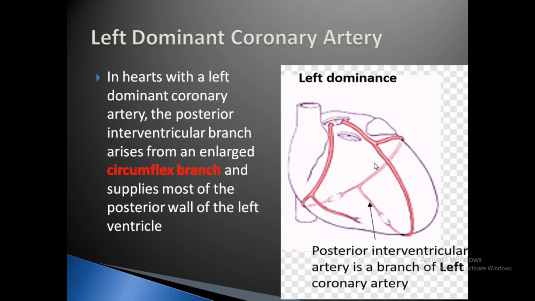Actually, it is the posterior interventricular artery which mostly arises from the right coronary artery. So it is called the right dominance because it supplies a greater part of the left side as compared to the circumflex branch. But if the posterior interventricular artery arises from the circumflex branch, then it would be the left dominant coronary artery.